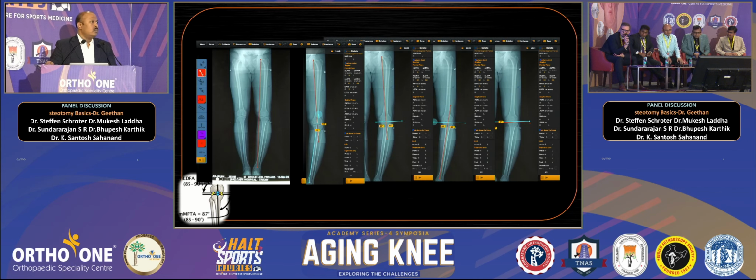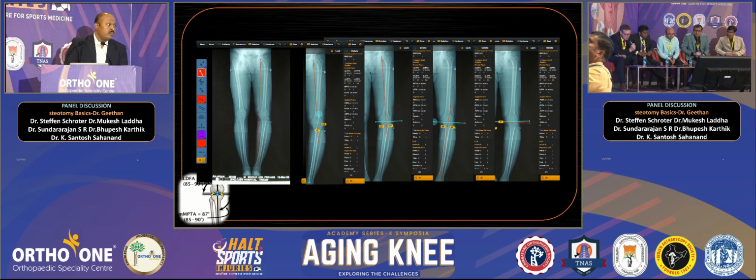Okay. So in the Indian scenario, sir, how many would do a double level osteotomy, or how many do only opening wedge for this case? Lateral angle is 91 degrees, sir. Yeah, 91. If you would like to correct 12 degrees in a simulation, you usually will end up with an MPTA of more than 93.